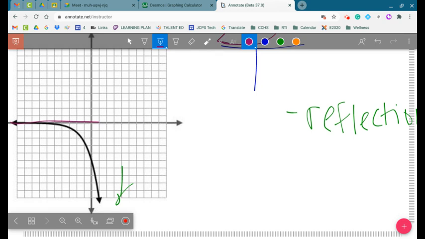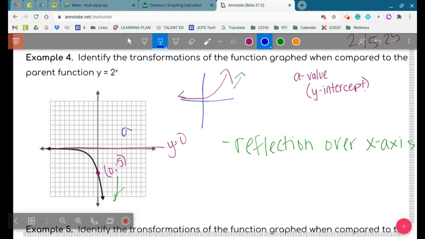So on this one, our horizontal asymptote is 0. So if we go down here, this is our y-intercept, which is 1, 2, 3, 4, 0, negative 5. So that means that my a value equals negative 5.